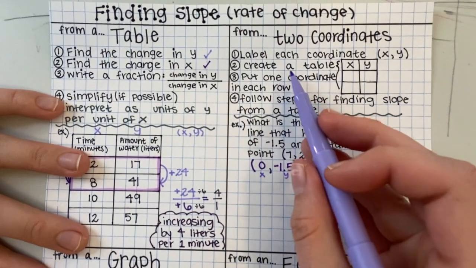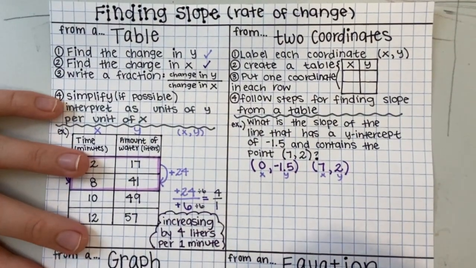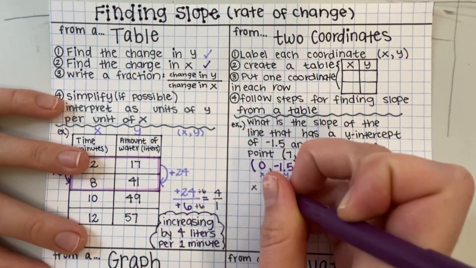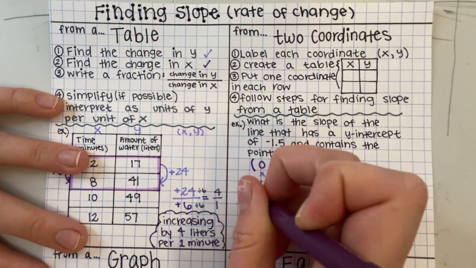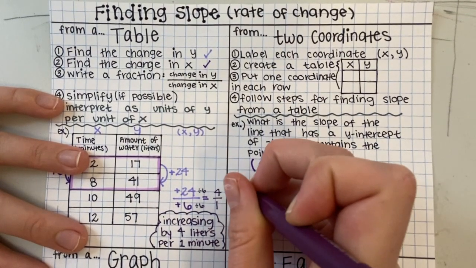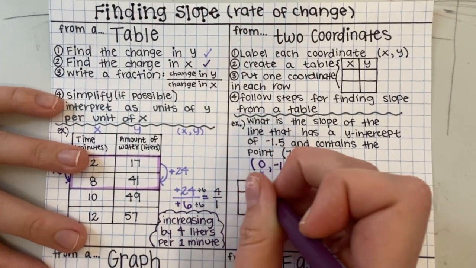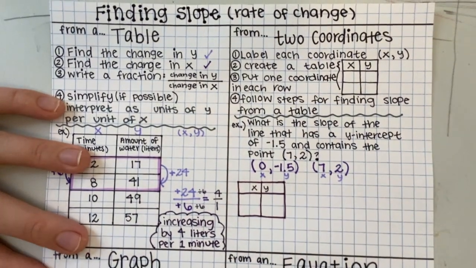My second step is to create our own little table. So you can also use the slope formula. The reason I like creating the table is it allows us to do the formula without getting confused at 1, memorizing a formula, and 2, remembering when we're adding and subtracting and having to put numbers in the correct spots.